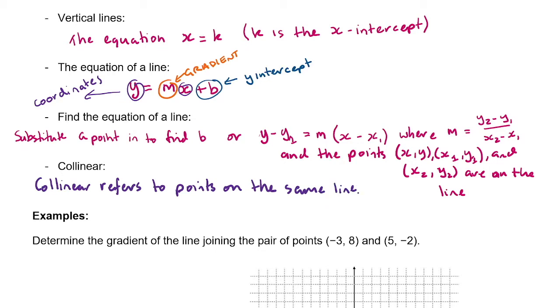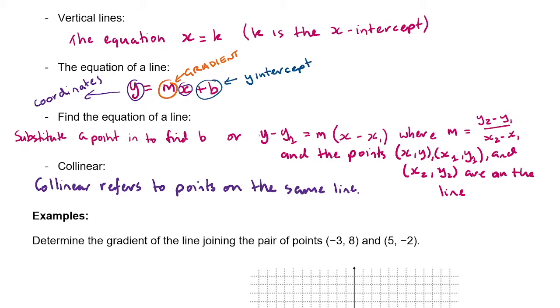So when I say that those three points from my equation at the top, xy, x1 y1, x2 y2, are collinear, I mean they are on the same line. Collinear, cooperating on the line.